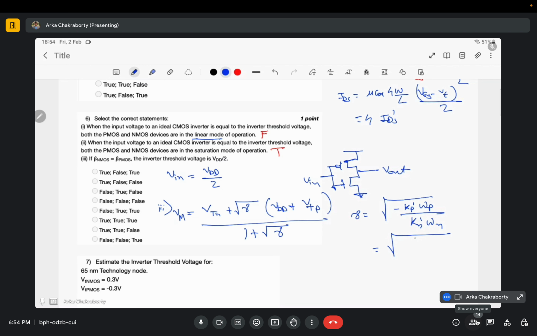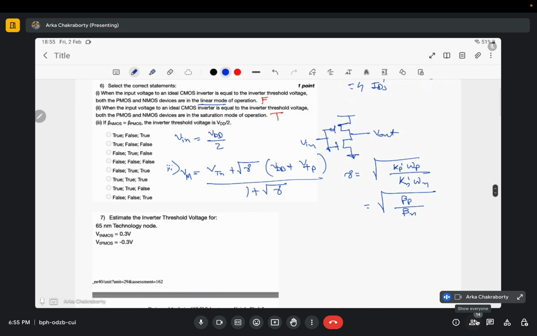So it is kind of, you can say, beta p by beta n, because L will cancel, as L are generally kept the same. And here Kp prime was considered to be negative, but in your convention Kp prime, beta p and beta n might both be positive. So let me remove this negativity, it will be better.